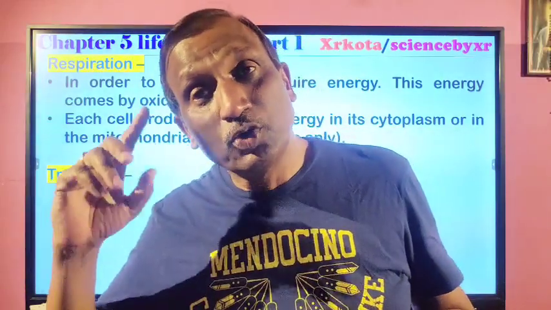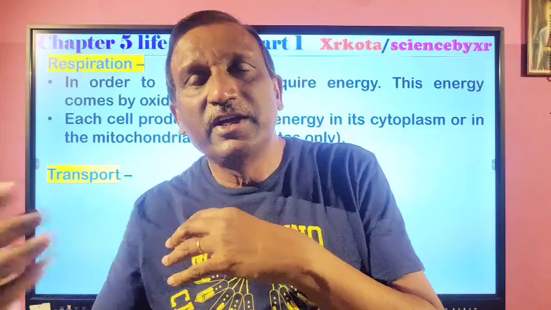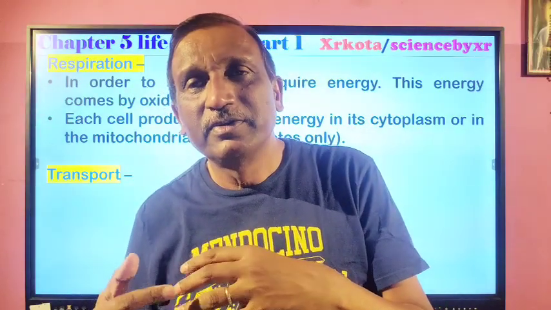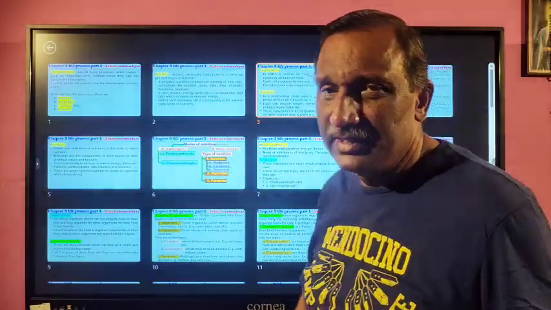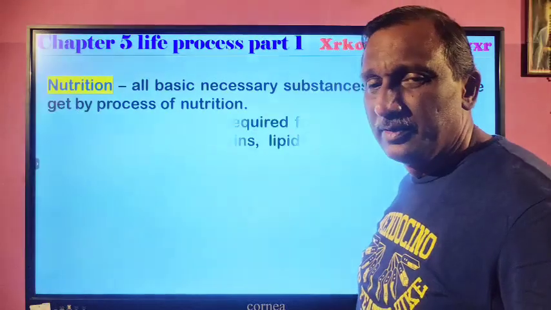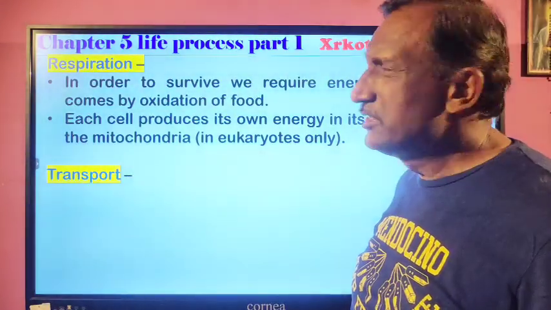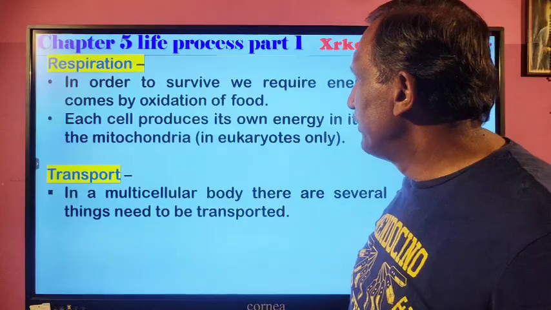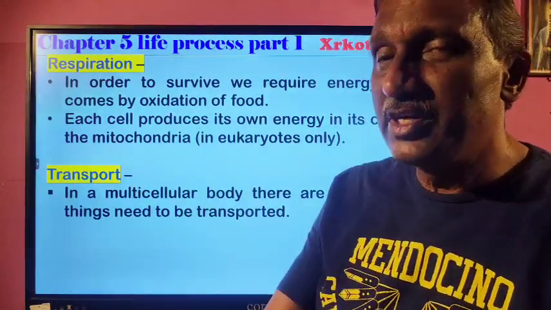Now don't consider that excretion is the final elimination. That is something different. So let us study what is written here. Respiration, and this is transport. So in a multicellular body, there are several cells where things need to be transported.